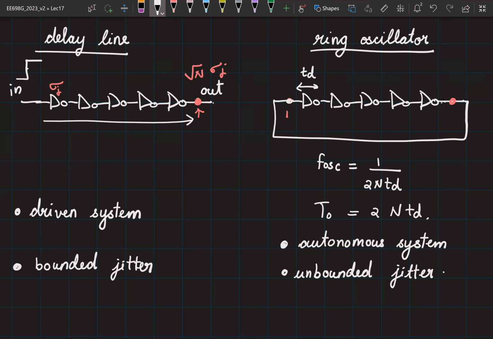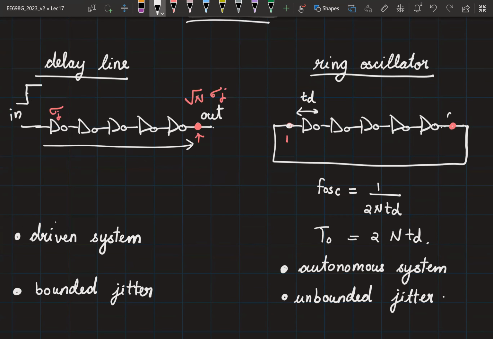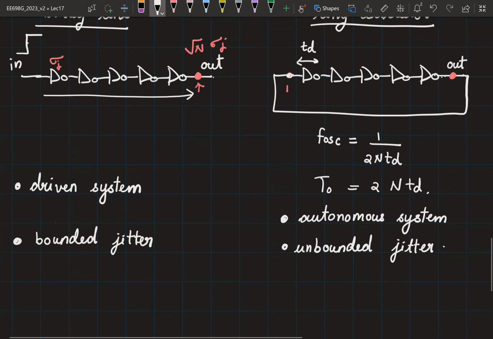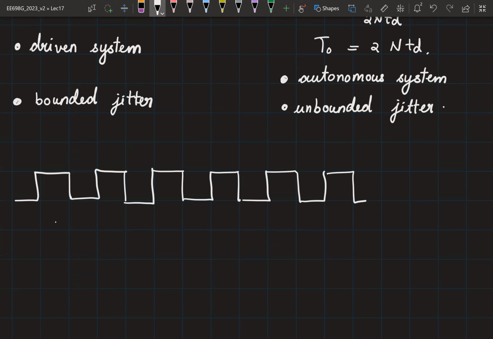Okay, so if I were to look at the output of this ring oscillator, let's say I tap from this point. And let's assume that the first edge happened to be clean.